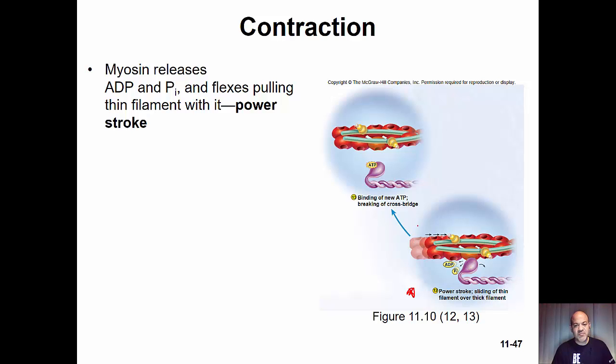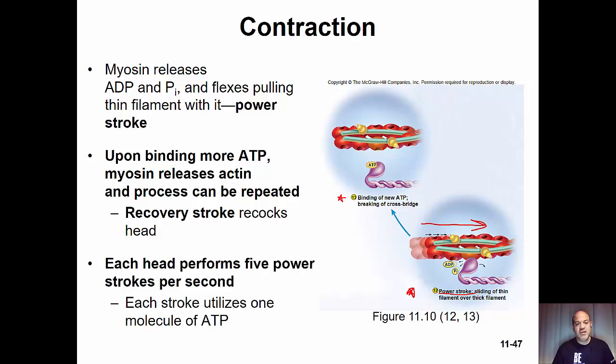And when it does so, it's basically going to pull the thin filament along with it. That's referred to as the power stroke. Okay? And then we'll repeat the cycle again, coming to step 13 here, where we bind a new ATP. When the new ATP hydrolyzes, again, the myosin is going to flex outward, and we repeat the process over again.